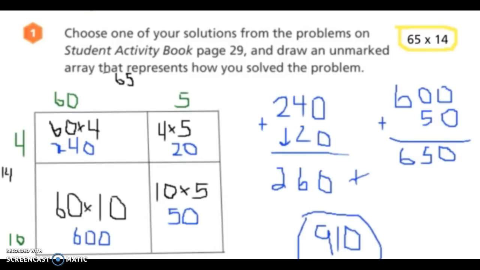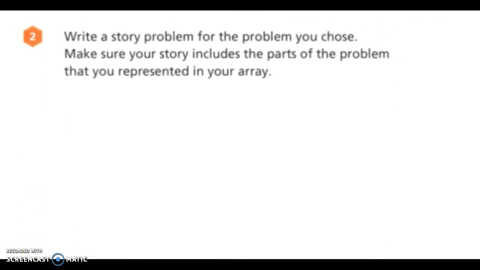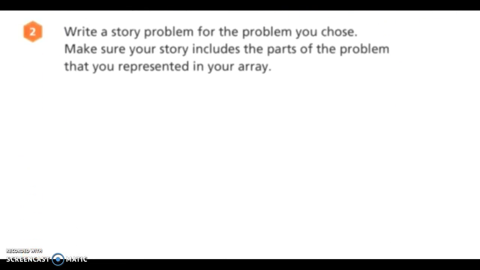Now for our next step, we want to think about this work and create a word problem that would apply. So it's asking us to write a story problem from this original problem of 65 times 14. They want you to make sure that your story includes the parts of the problem that you've represented in your array.